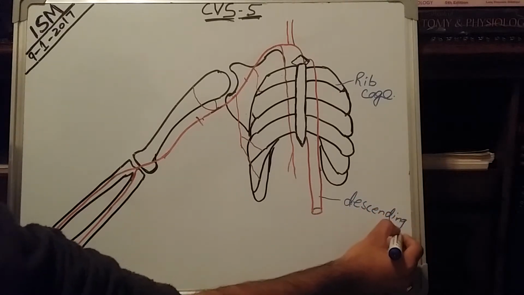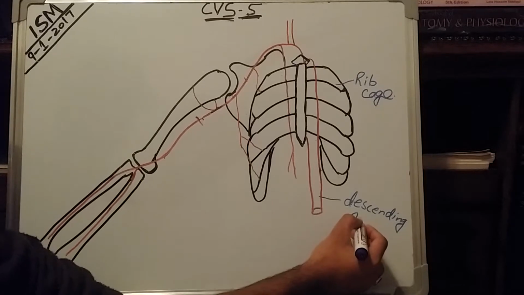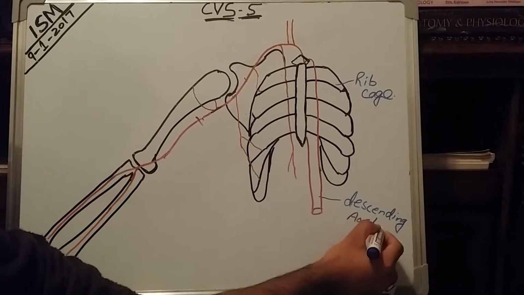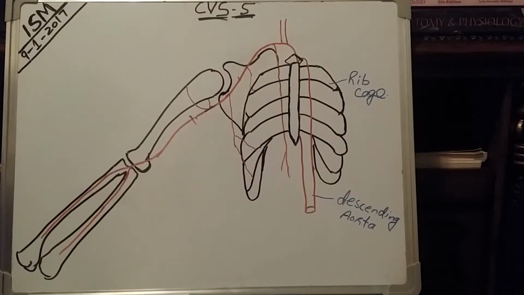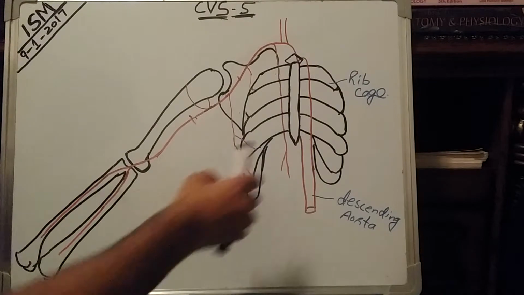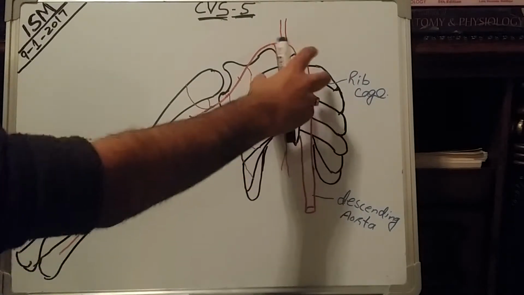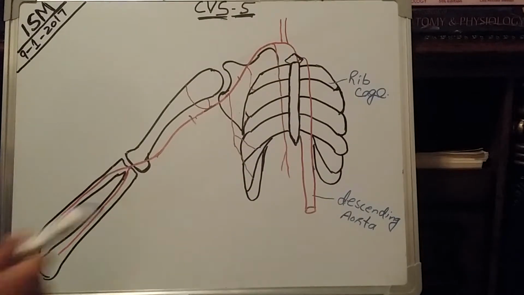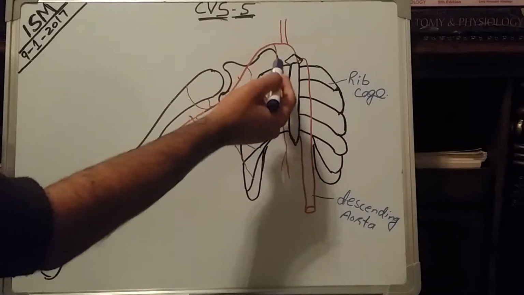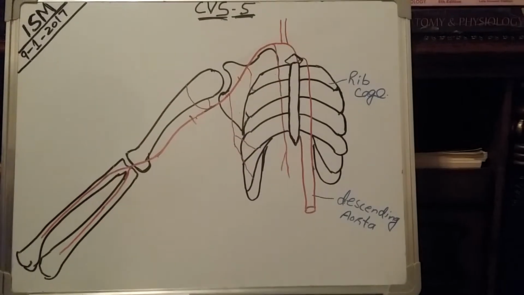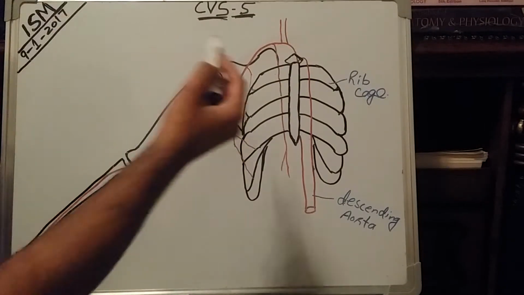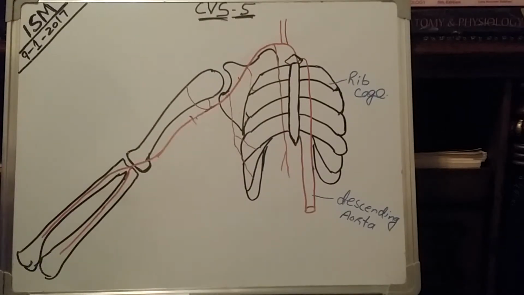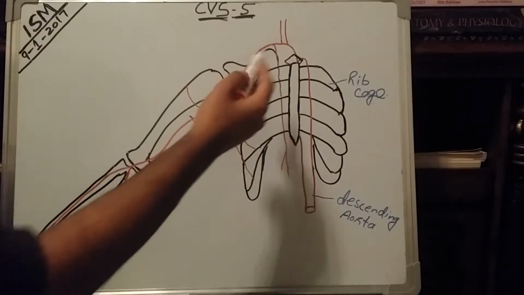The arch of aorta is behind the manubrium, behind the sternum, so it is not so clear here. For this purpose, I just made the descending aorta and the branches of the subclavian artery.